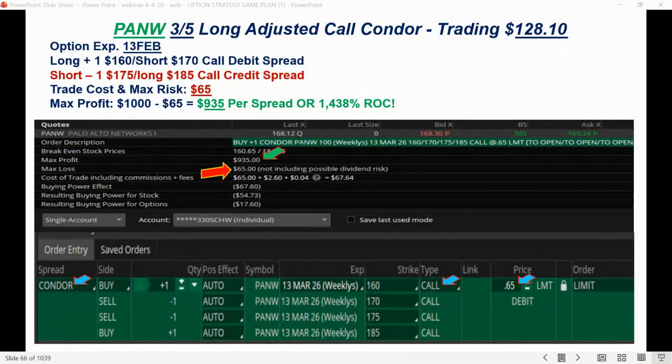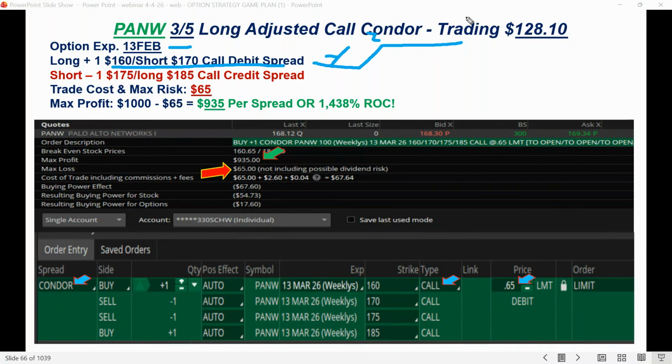So then we ended up in that duration series, the 13th March, with this 160, 170 call debit spread. We originally had the 157.5 call long. We adjusted up, locked in big profit on the 157.5, took profit and sold the 170 there. So we had that call debit spread.